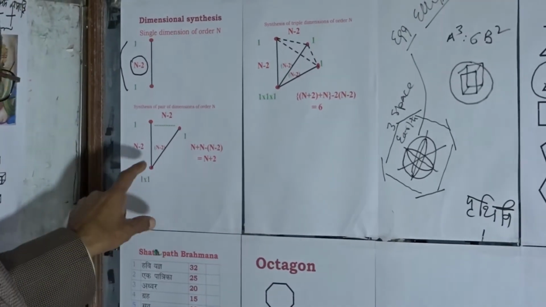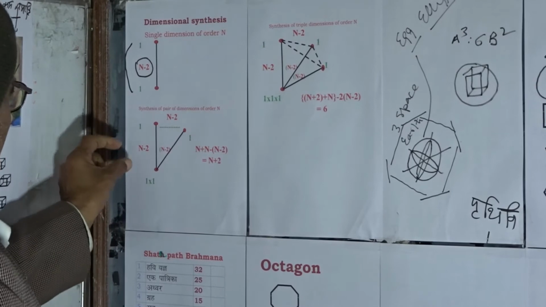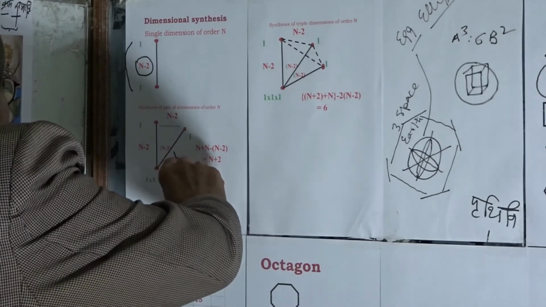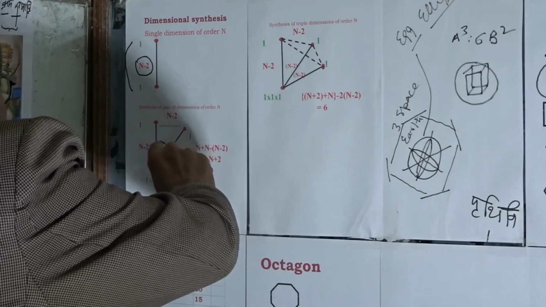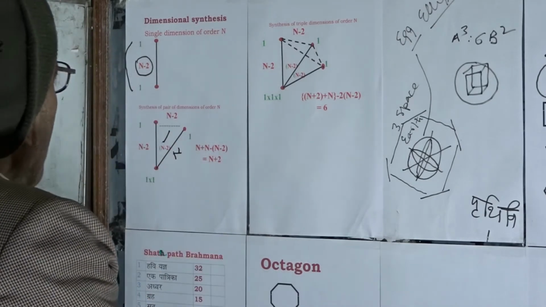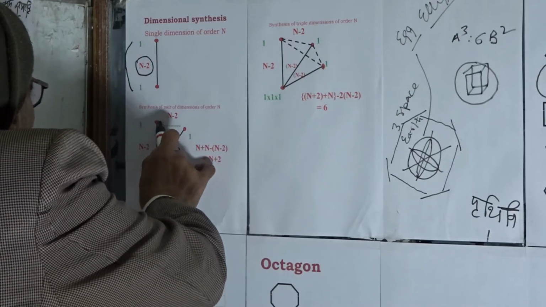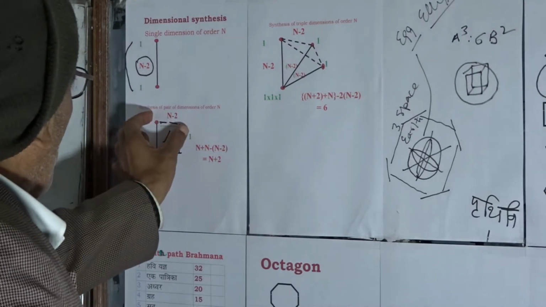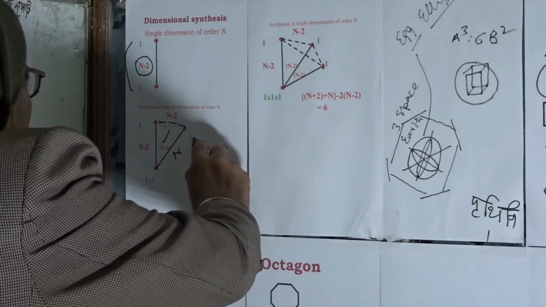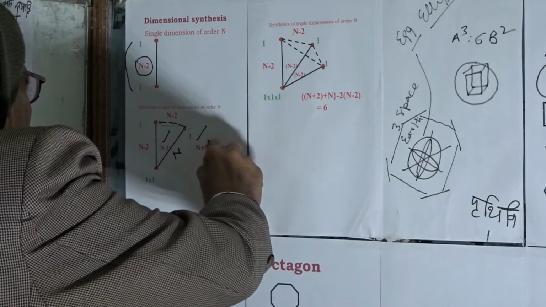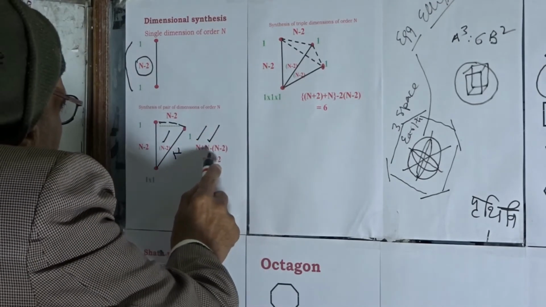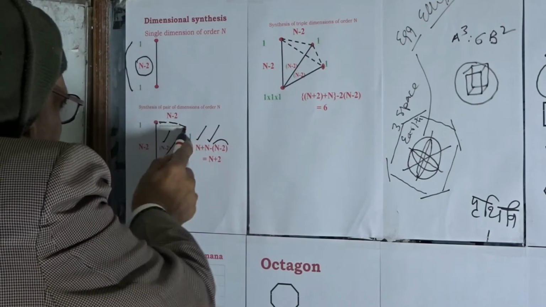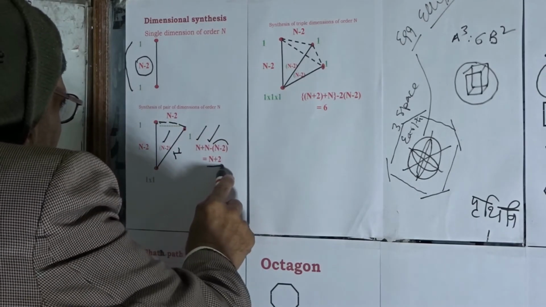Now if we are having a pair of dimensions, we will have an additional value n here, but of it only n minus 2 middle value would be available to bridge the gap between the pair endpoints, and as such initial value n with contribution of value n by the second axis and n minus 2 value needed to bridge this particular vacuum gap lead us to value n plus 2.